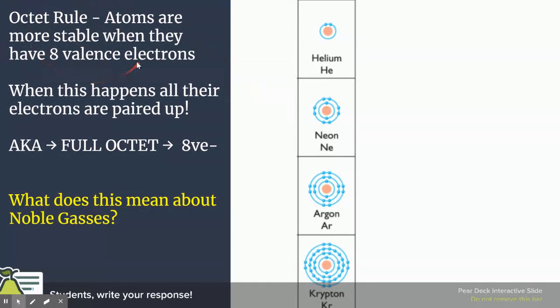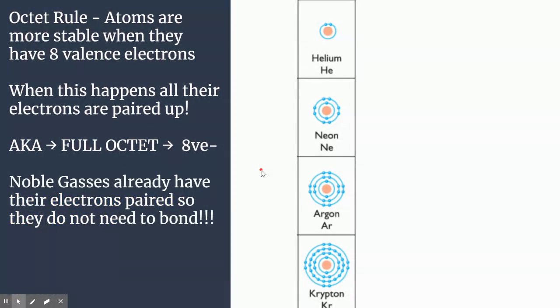They already have 8 valence electrons, so they are more stable. Now, when this happens, all of their electrons become paired up. Okay, so they're all paired up. They have a buddy, which means that these atoms do not need to bond. Because they already have 8, that means each of their electrons already has a buddy.